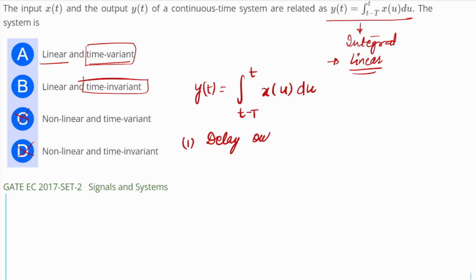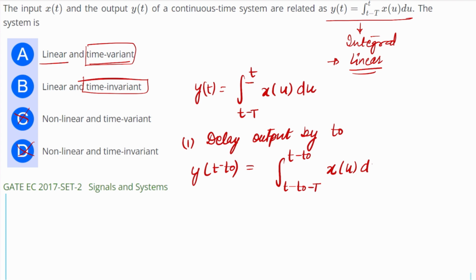Delay output by t naught. So y(t minus t naught) will be equal to, instead of t you have to write t minus t naught, the integral up to t minus t naught of x(u) du. So this is what we are getting.